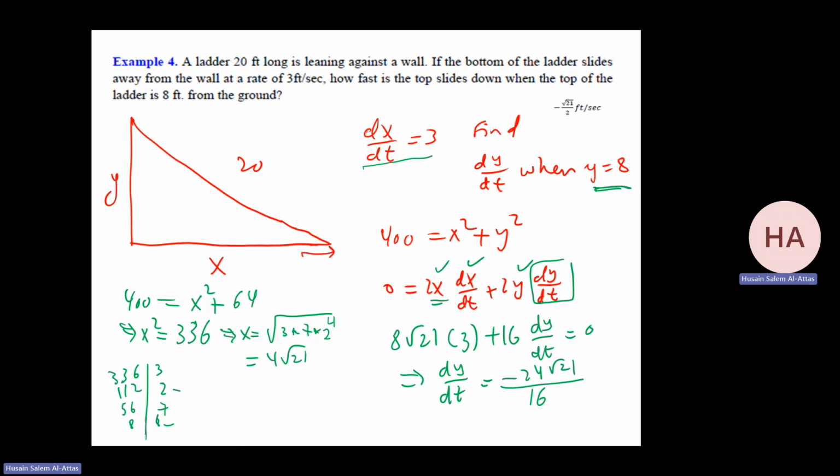So you have 2 times x, 8 square root of 21, times 3, plus 2 times 8, which is 16 dy by dt, equals minus 24 square root of 21 over 16.